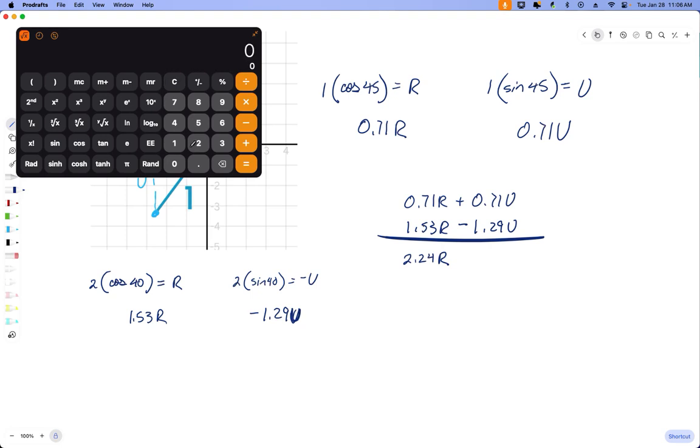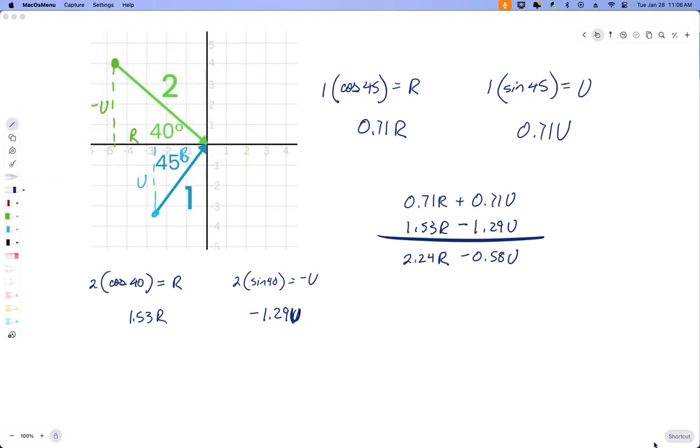And then we have negative 1.29 and a positive 0.71, negative 0.58 u. That's what I get. All right, so that's correct rectangular coordinates.